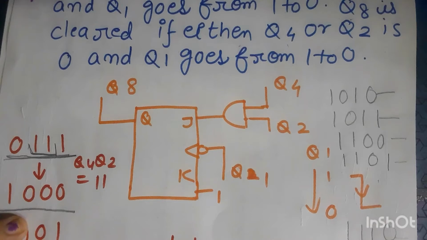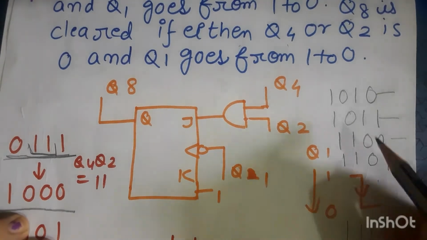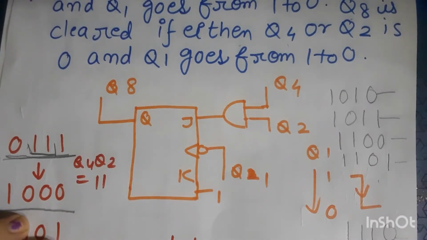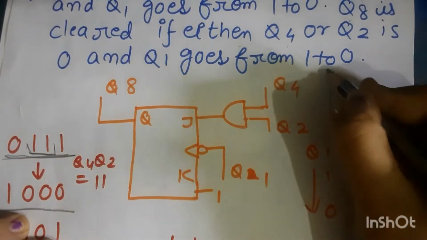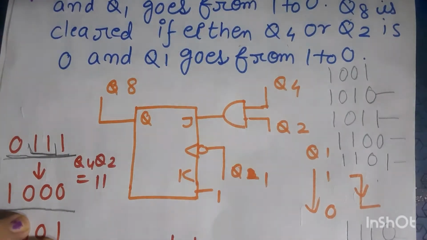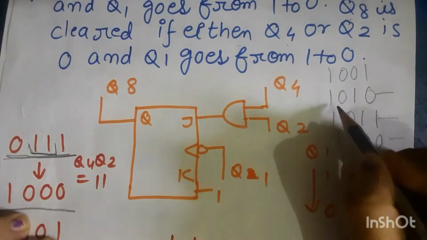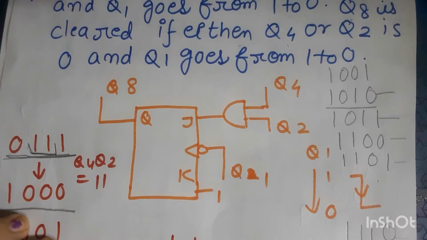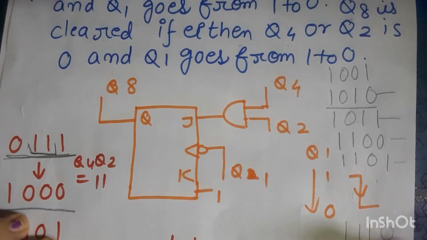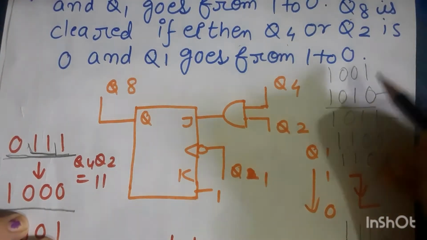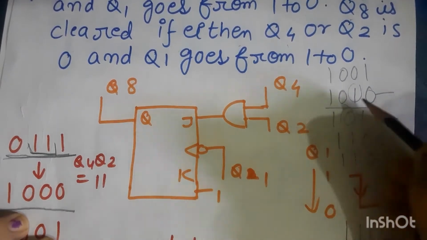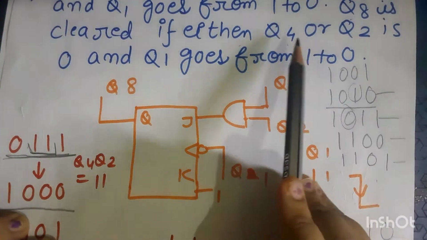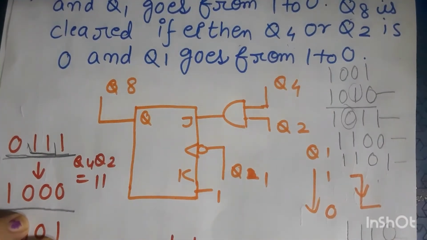Now in this condition you see, these are the conditions which are not possible. So Q8 is cleared, which means after 1001 this transition will never happen. This state will never come, because for all these states Q2 or Q4 is 0.